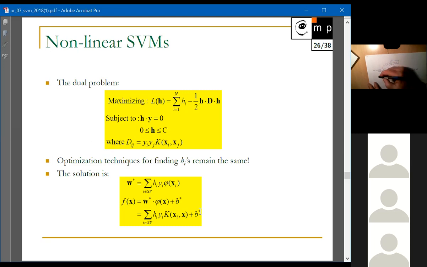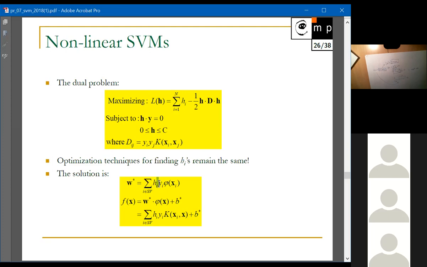Or we don't have to do that, and we go to the kernel, and every time we classify we use the kernel. So solving the problem uses the same machinery, and you end up with the same characteristics of the result.